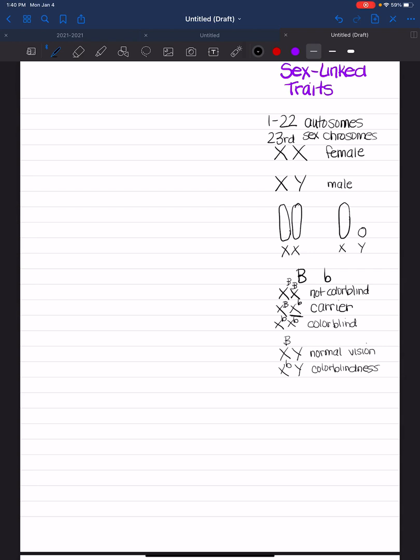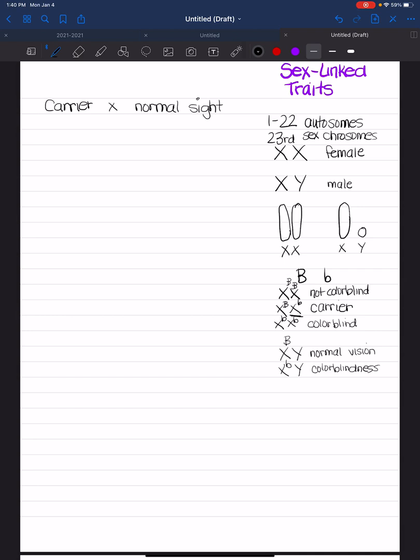Okay, so let's do our example. Our example in the PowerPoint says to cross a carrier with normal sight. And remember that I'm always going to give you the mother first, just so that we're doing it the same way and it's easier for us to do our work and talk about it. When you start out, remember step one is give the genotypes of the parents.